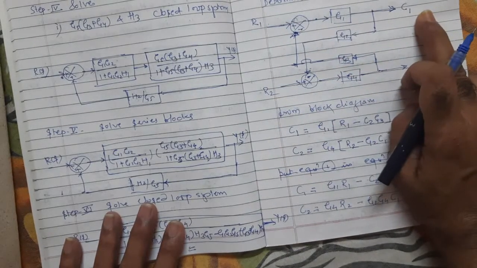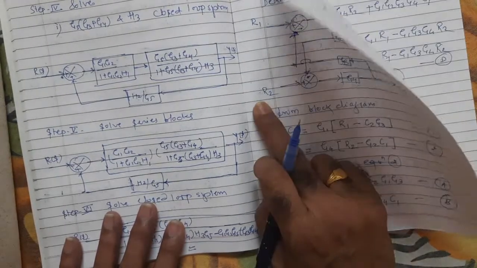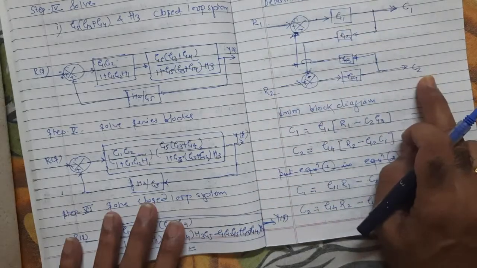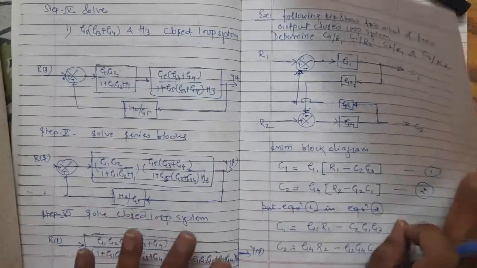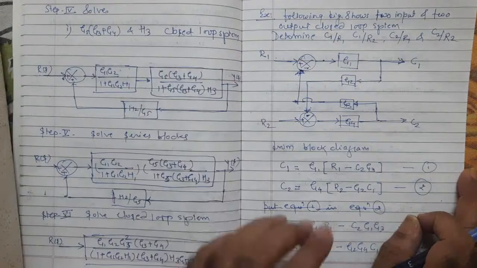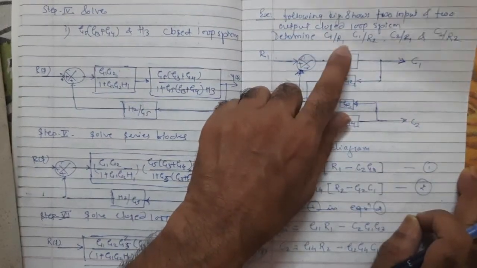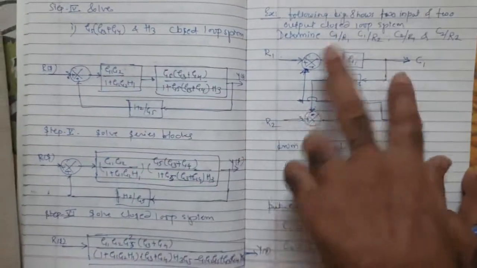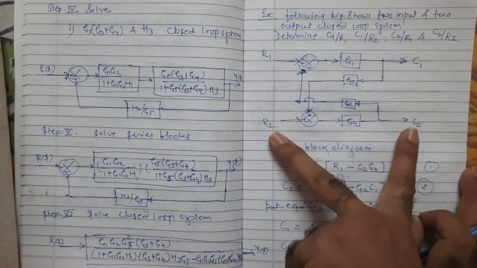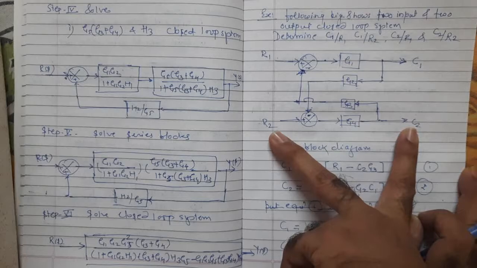Then we will consider the first output, that is C1. And when we consider R2 the second time, we will consider the output C2. And then we will have the combination. When we are considering C1 and R1, that means we are keeping R2 and C2 at 0.